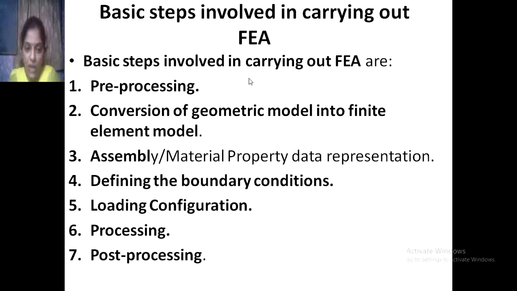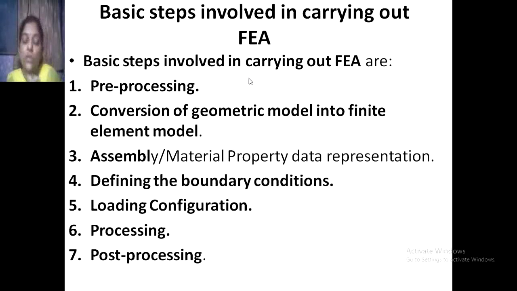Pre-processing is required, then conversion of the geometric model into a finite element model, then assembly or material property data representation. After that, defining the boundary conditions, then loading configurations, processing, and after that the post-processing.